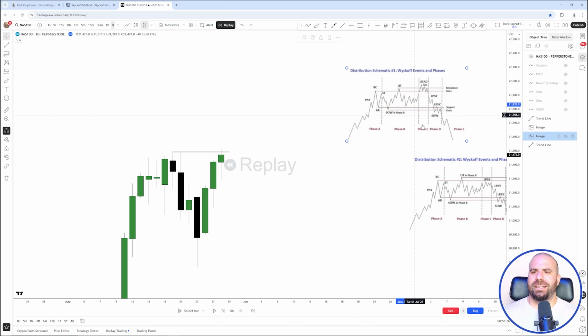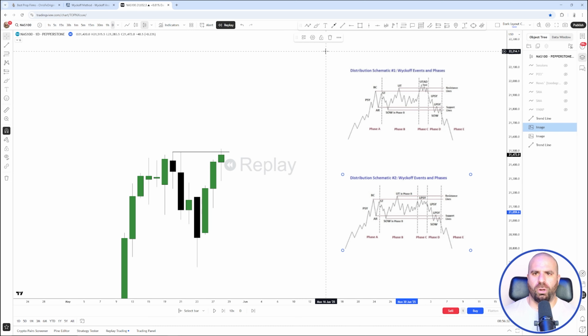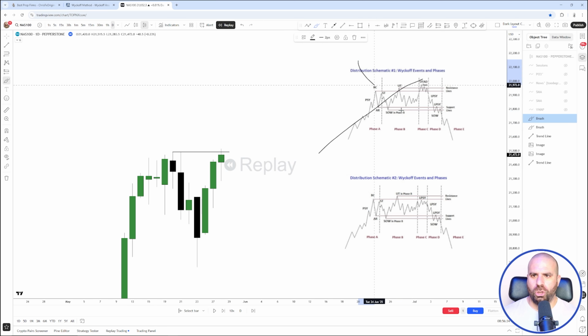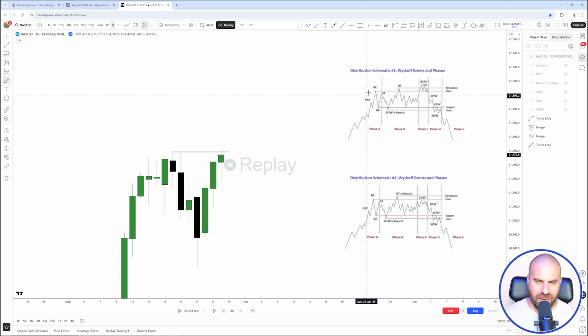You don't need to learn this whole thing right here. You don't need to learn the different types of phases and what they mean, as an example the preliminary supply, the buyer's climax, automatic rally, the upthrust, and all of those other semantics. I'm going to tell you what to be looking for.